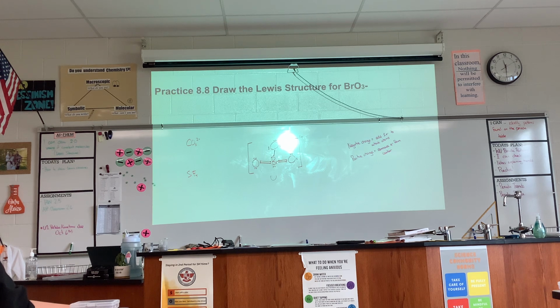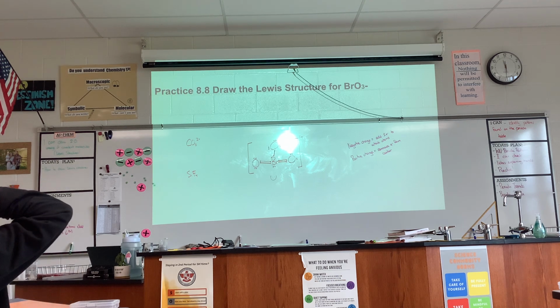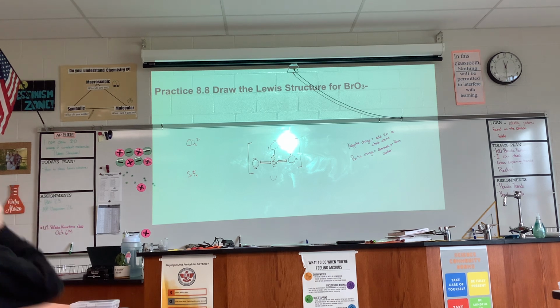When there's multiple O's, you write it out like how you did on the last one. There you go. How do you write it like this? Oh, so pretty much it would just be pairing up any lone dots so they're together.